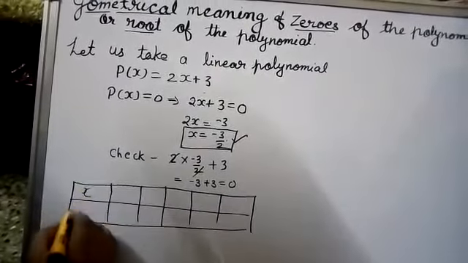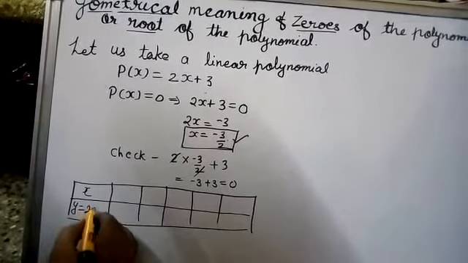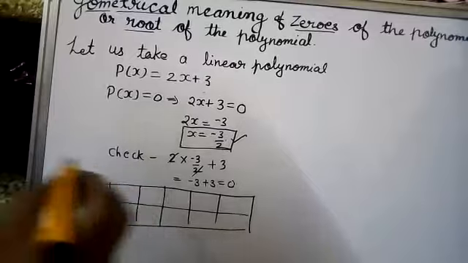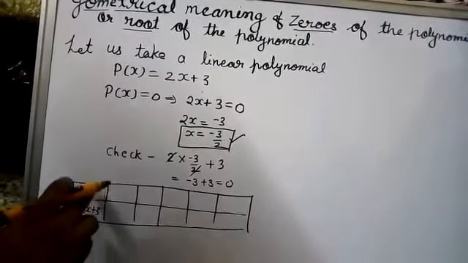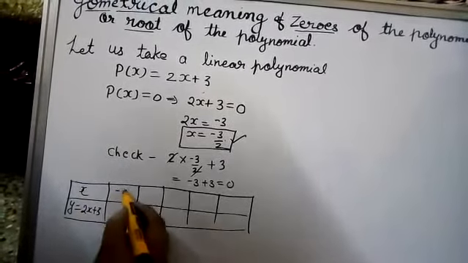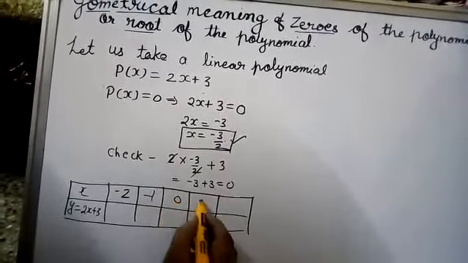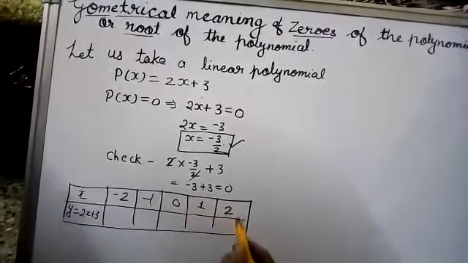This is x and this is y is equal to 2x plus 3. We'll draw the graph between x and y. So let us put different values of x, and for these values of x, we'll try to find the values of y.